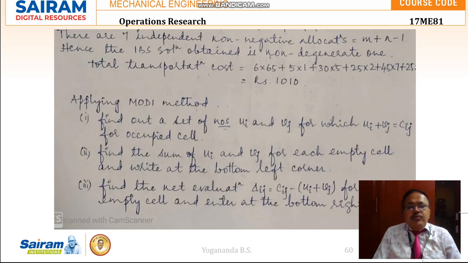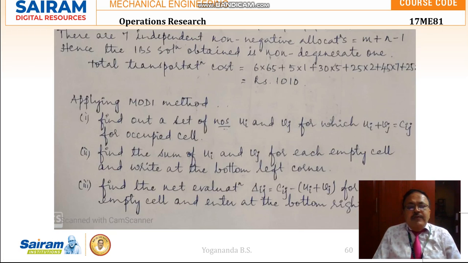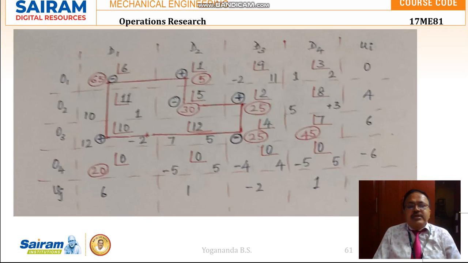Now we are applying the Modi method. The first step is to find out U and V values. U will be written at the end of each row and V will be written at the end of each column. So we will find a set of numbers Ui and Vj for which Ui plus Vj is equal to Cij, that is the cost, for each occupied cell.